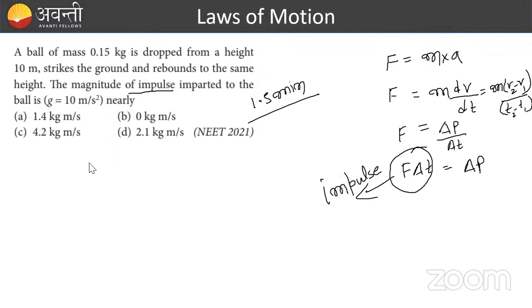So if you are asked to calculate the impulse, you have to calculate the change in momentum. Calculate the change in momentum here, and you will get the answer. So let me know now.